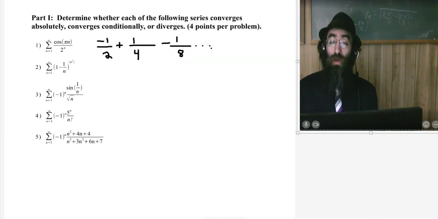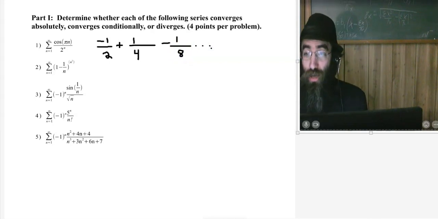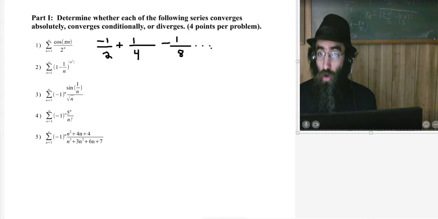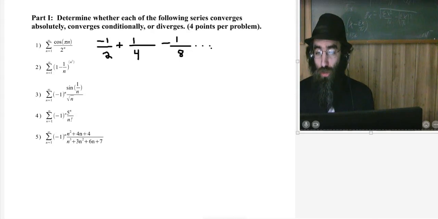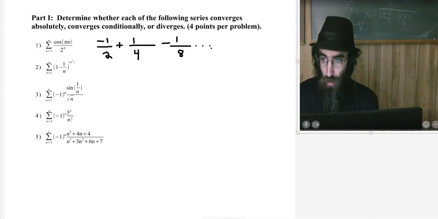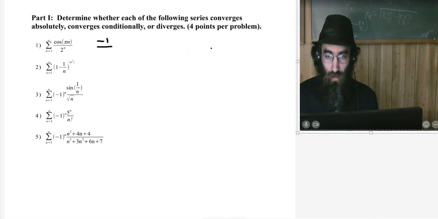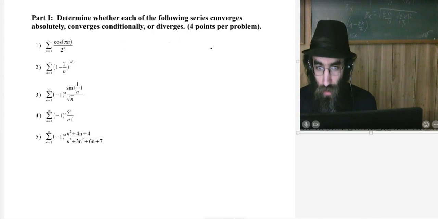And we realize we have ourselves a good old-fashioned geometric series with ratio -1/2. Yeah, and so this should converge to -1/3. Right? Standard geometric series formula for that.